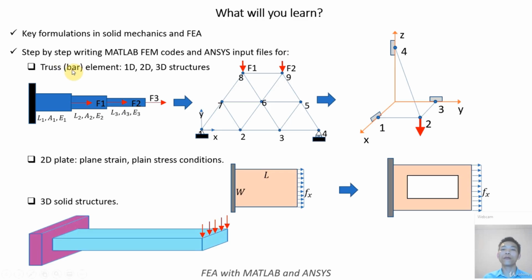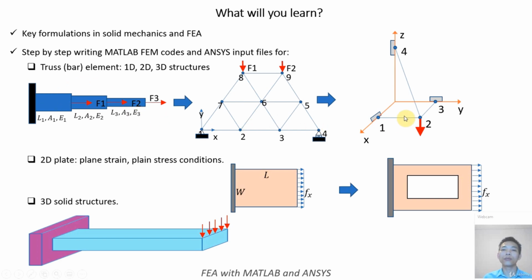In the first series of tutorials, I will cover 1D, 2D and 3D truss elements. The examples will start simple and then the level of complexity will increase. Firstly, we will investigate 1D truss examples, then increase to 2D and then 3D. Of course, we have different examples for 1D, for 2D, and so on.